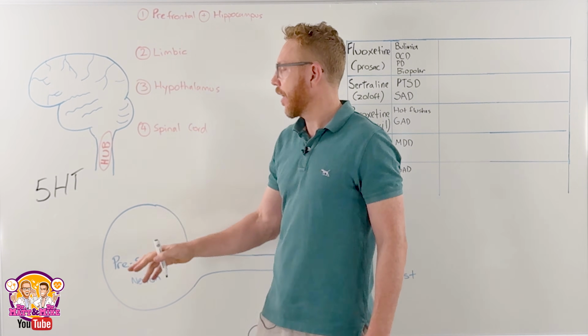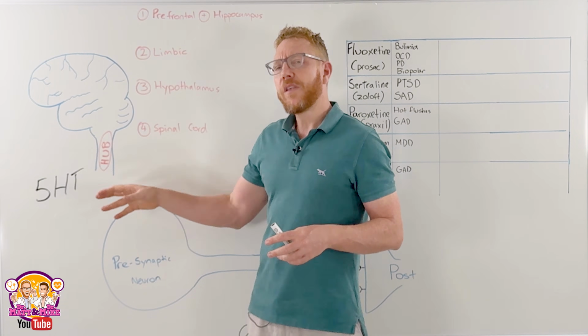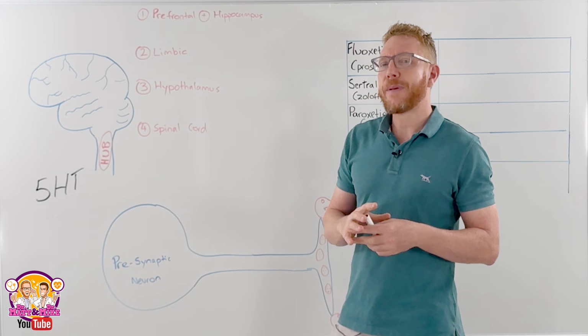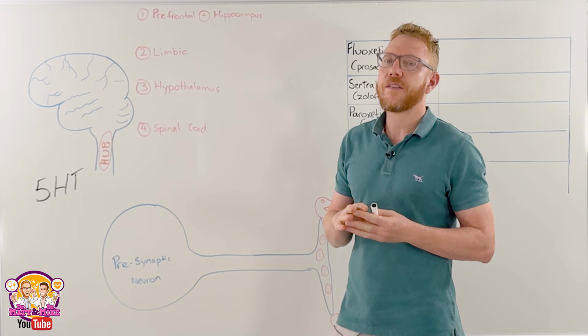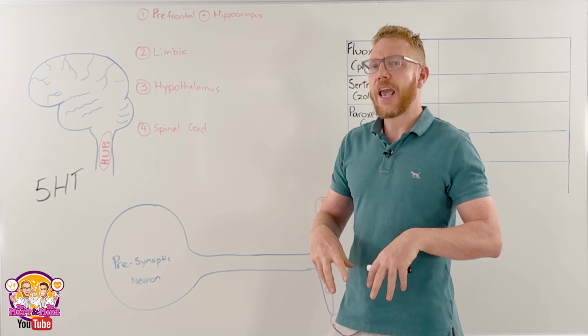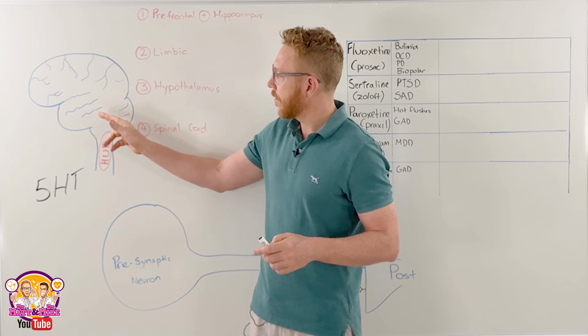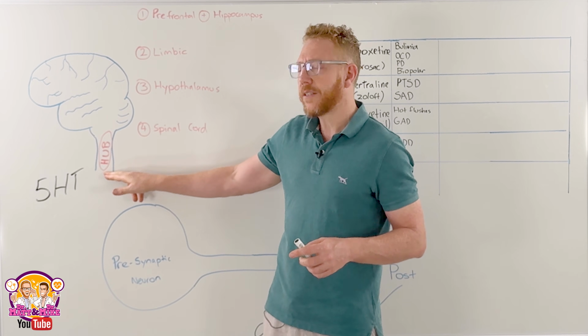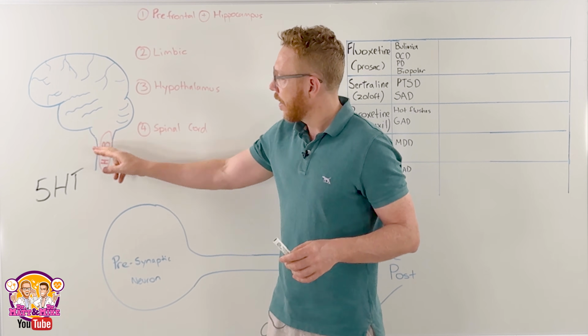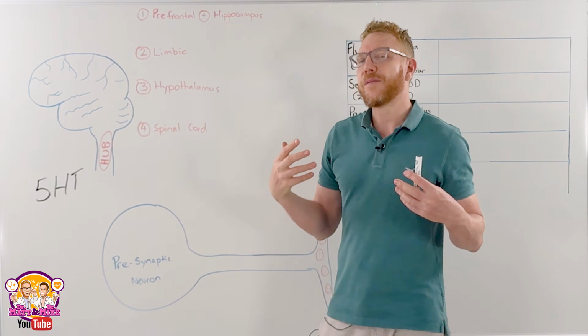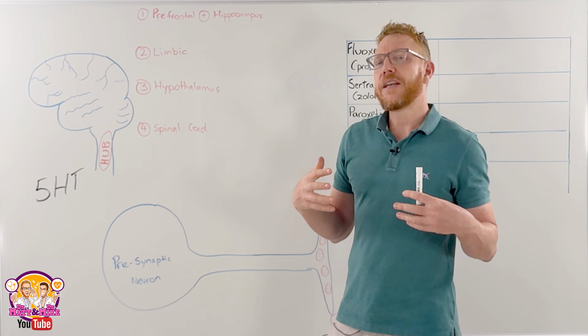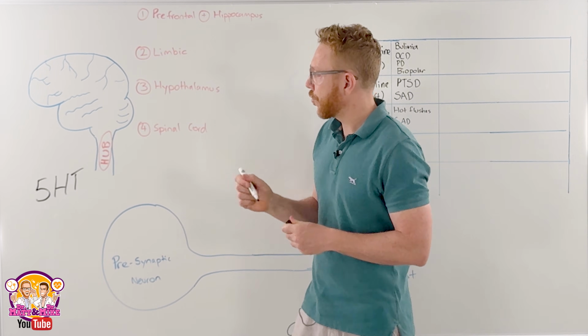It's a big long word: 5-hydroxytryptamine, 5-HT, or serotonin. Now with serotonin, 95% of it is made in the gut by certain endocrine cells. That's made in the gut and can be taken up by the peripheral nervous system. But when we talk about the central nervous system, so this is going to be in the brainstem, the only way that these serotonergic neurons are going to be able to make serotonin is they need to first create it from tryptophan.